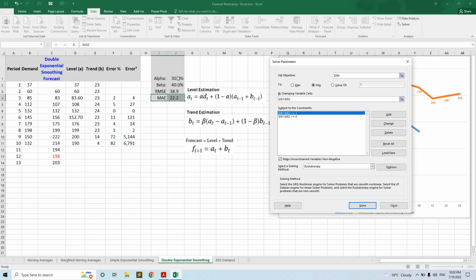We have already all the parameters, and we will use the evolutionary algorithm.